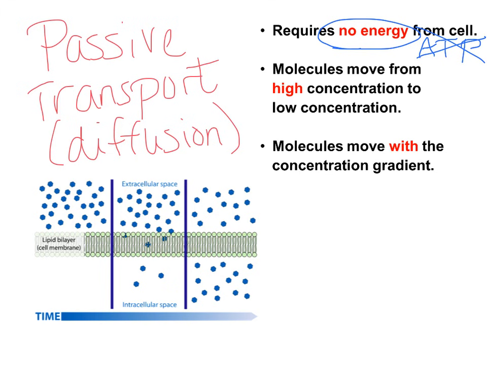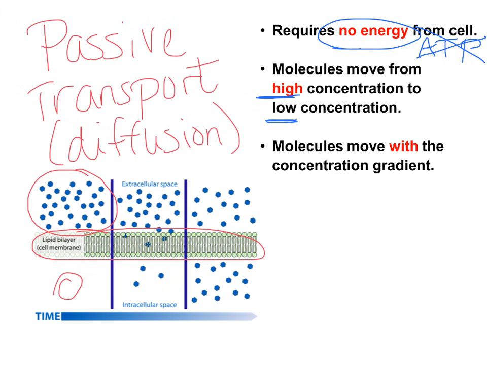With passive transport or diffusion, molecules also move from a high to a low concentration gradient. And you can see that down here in this picture. So in this picture, I've got my cell membrane right here through the middle. And so I have a high concentration of molecules on the outside and a very low concentration on the inside here.